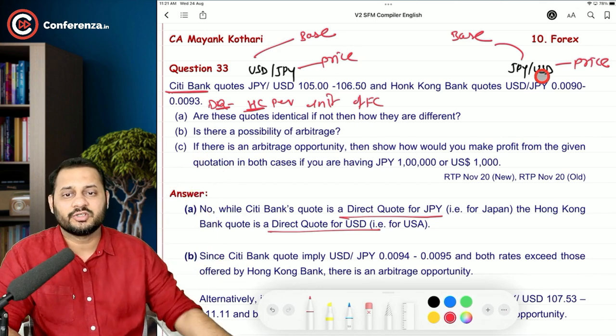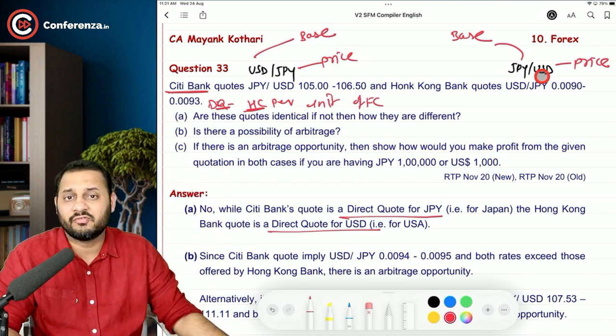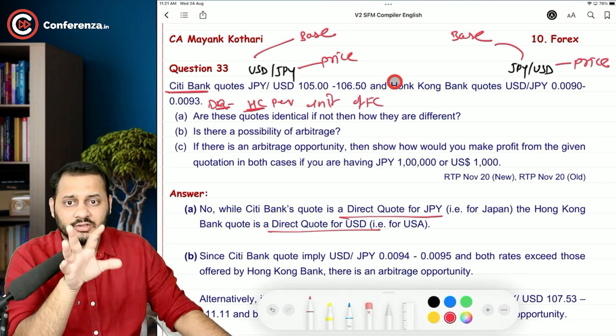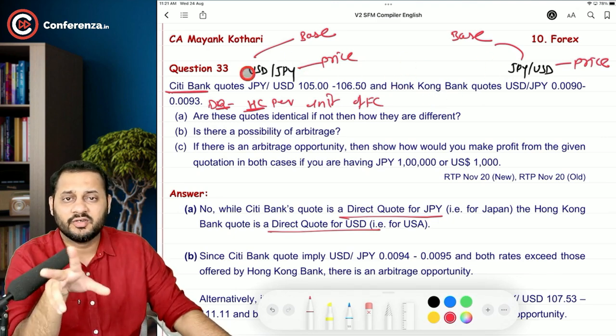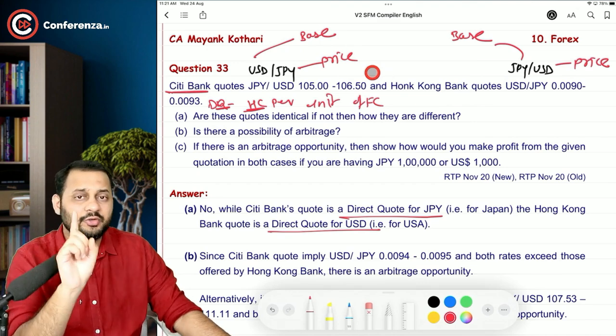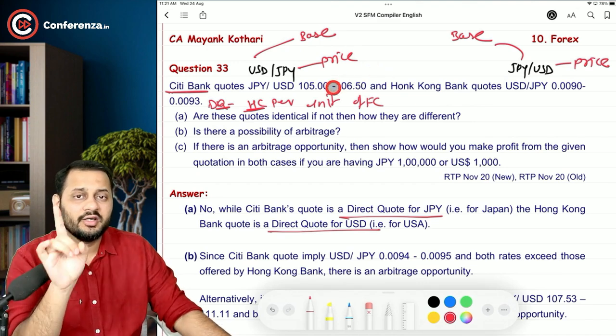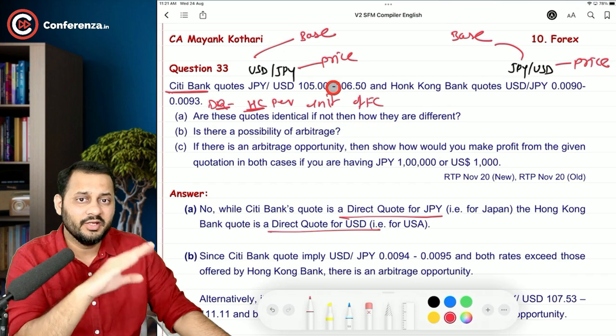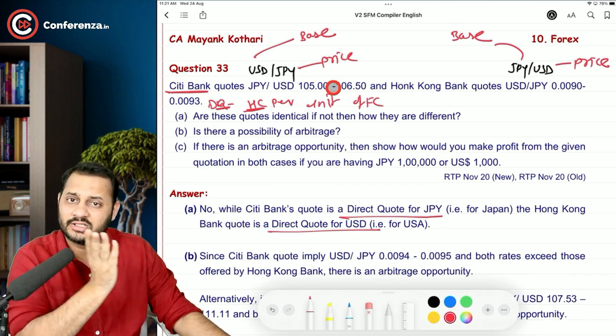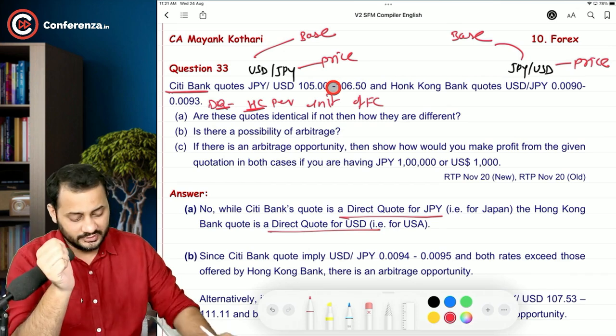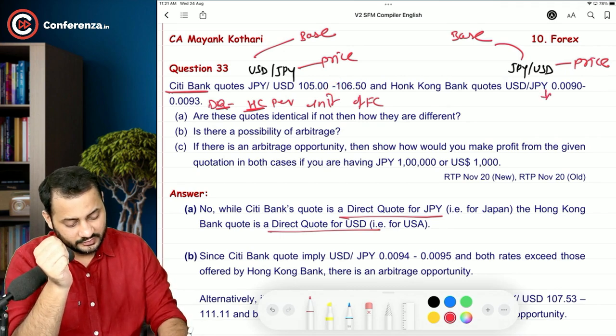Is there any possibility of arbitrage? Yes, sir. We can find out by calculating one of the rates. You just have to inverse one of the quotes. You know one thing: when you convert a direct quote to an indirect quote, bid will be transferred to ask and ask will be transferred to bid. Let's do it with this one.